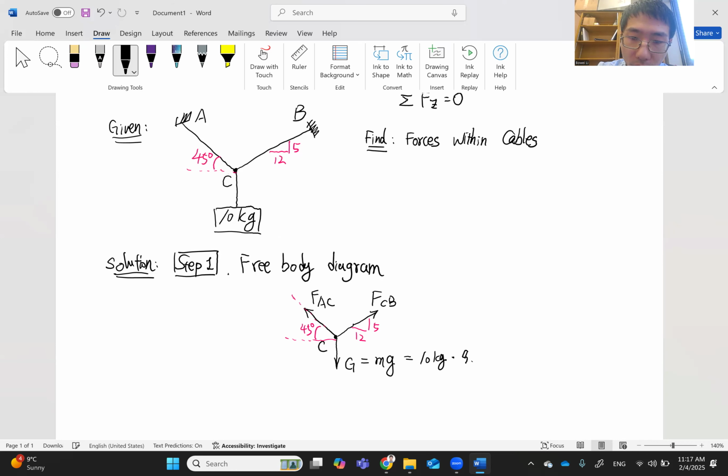So in international units, it is 9.8 Newton per kilogram. There's another way to express the unit, meter per square second. So you see that it is 98 Newton here.